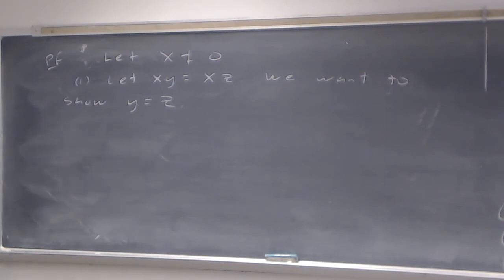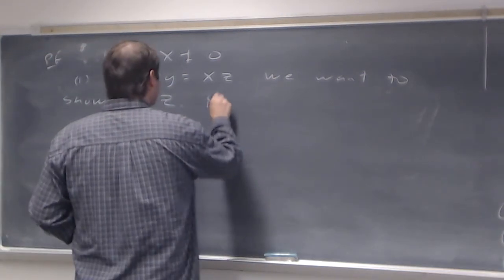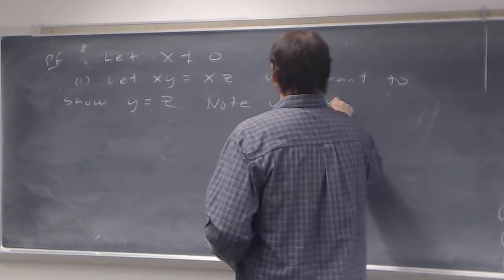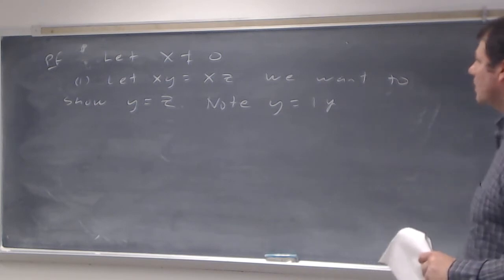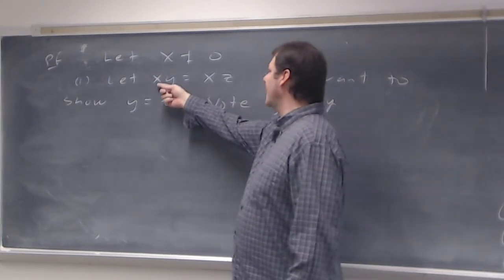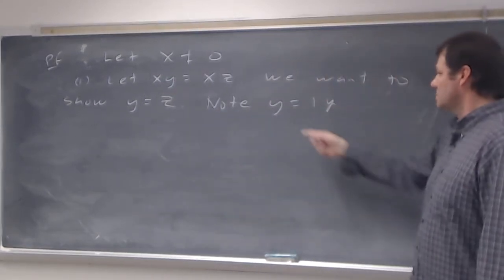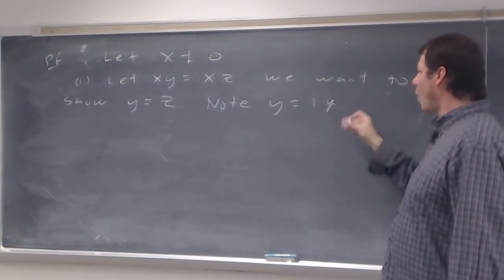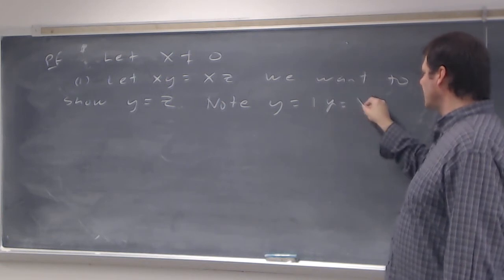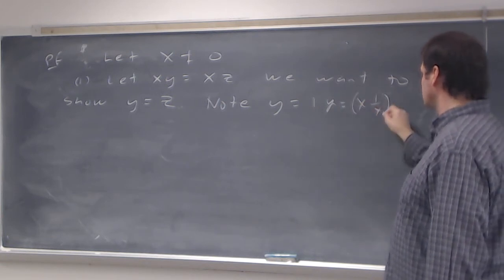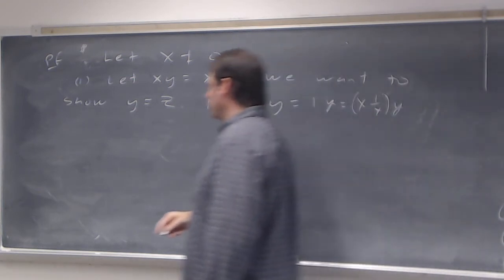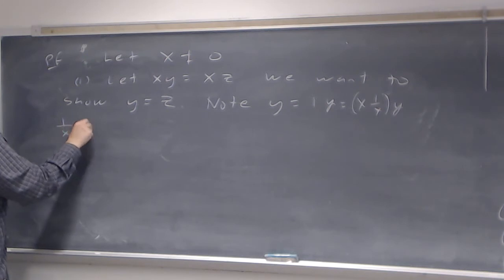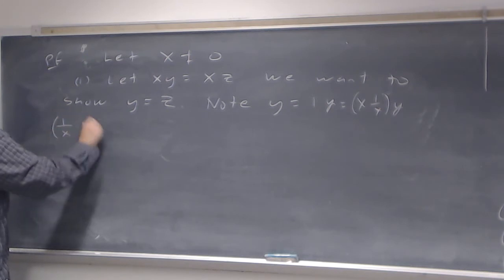Okay, well, we'll start off with one side. We'll look at y. So note, y is equal to 1 times y. And now, what I want to do is get x times y involved. So I'll rewrite 1 as x times 1 over x, times y. And then we'll commute the multiplication here, and we'll have 1 over x times x times y.